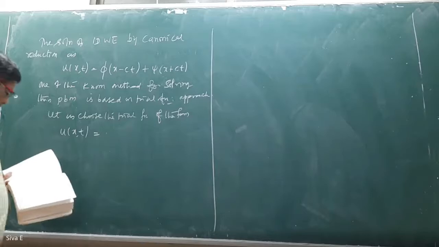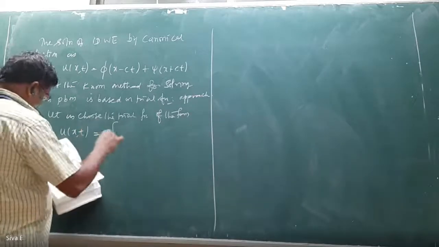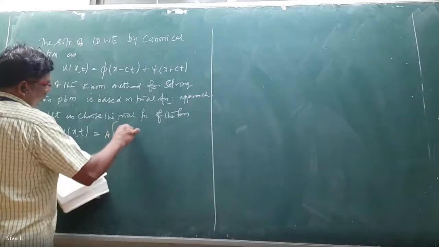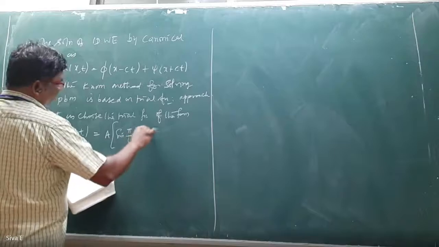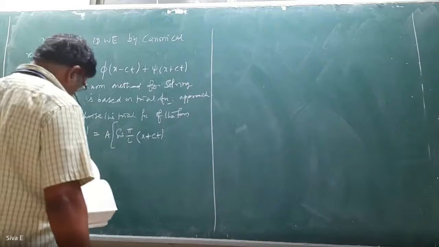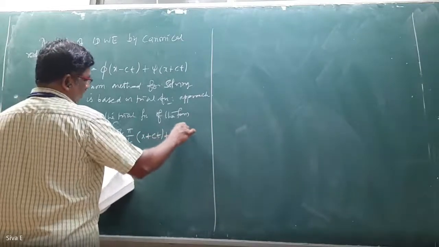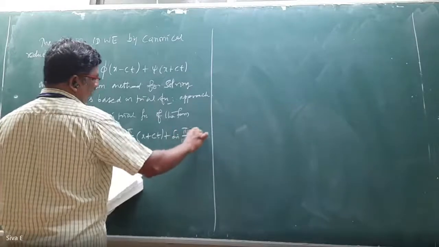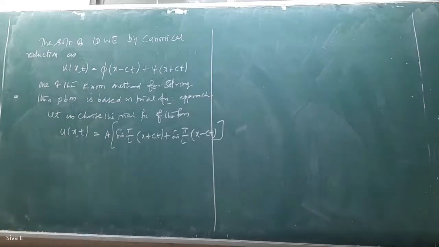Therefore, we can write a function of the form A sin(π/L (x + ct)) plus sin(π/L (x − ct)). Okay, you have to consider this, where A is the arbitrary constant.